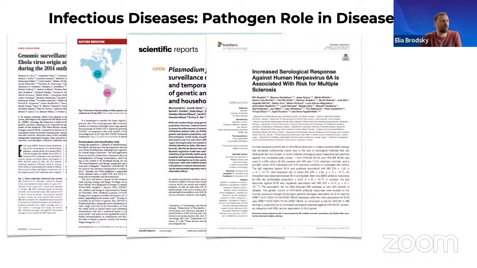Another interesting article that is fairly recent is the increased serological response against human herpes virus 6A, which is associated with risk for multiple sclerosis.